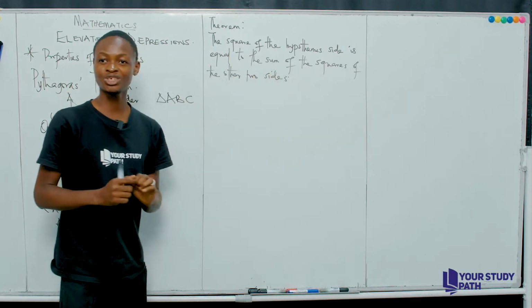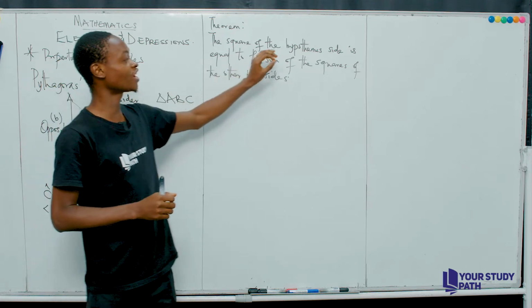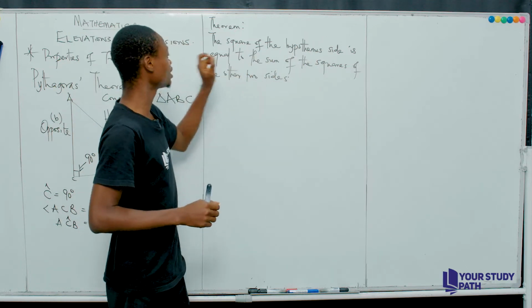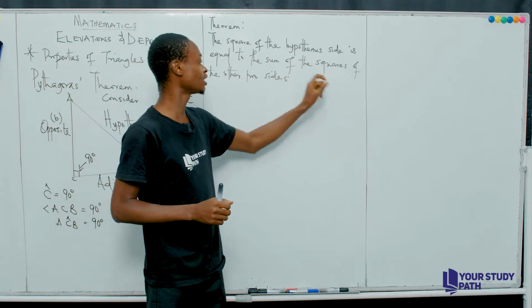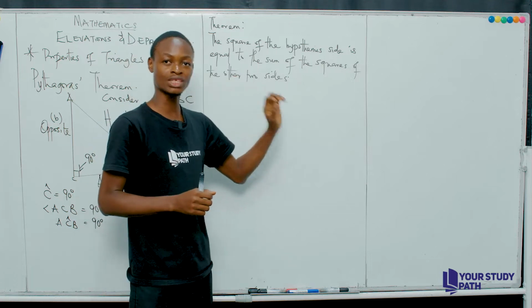So the Pythagoras theorem itself is saying the square of the hypotenuse side is equal to the sum of the squares of the other two sides.